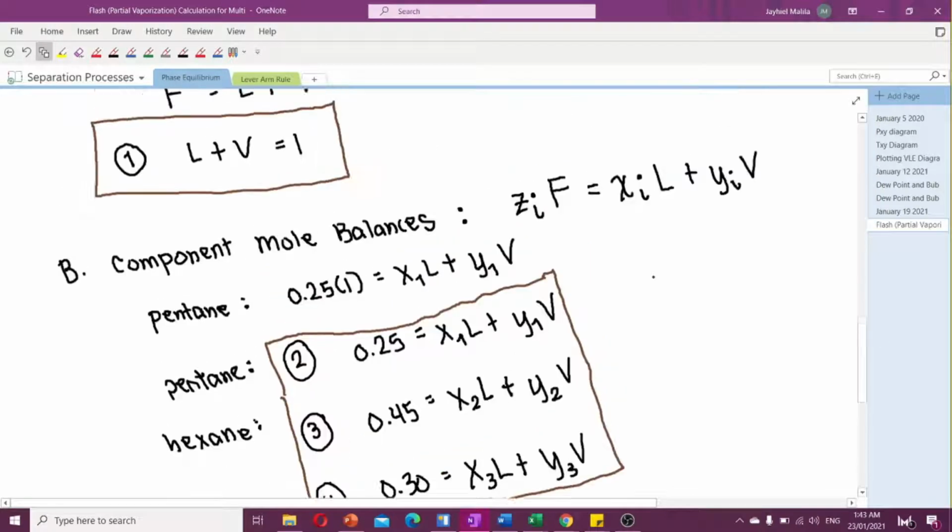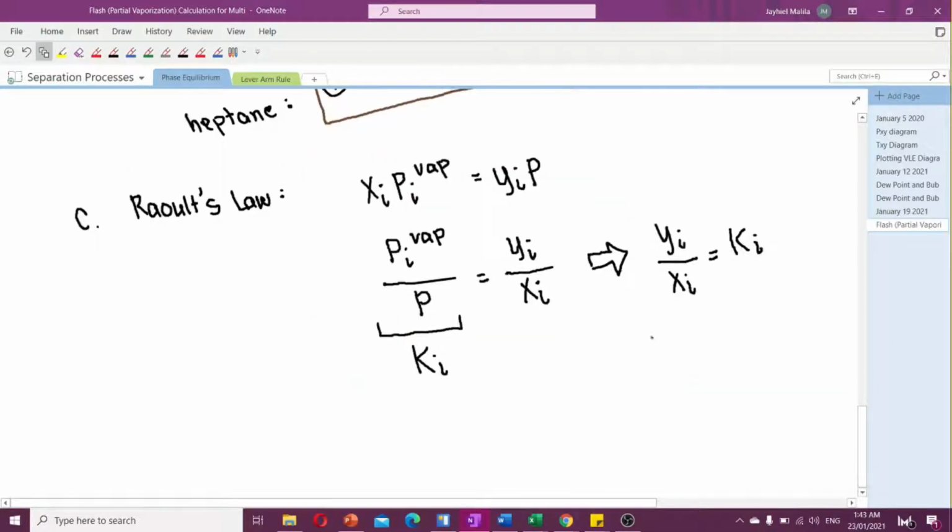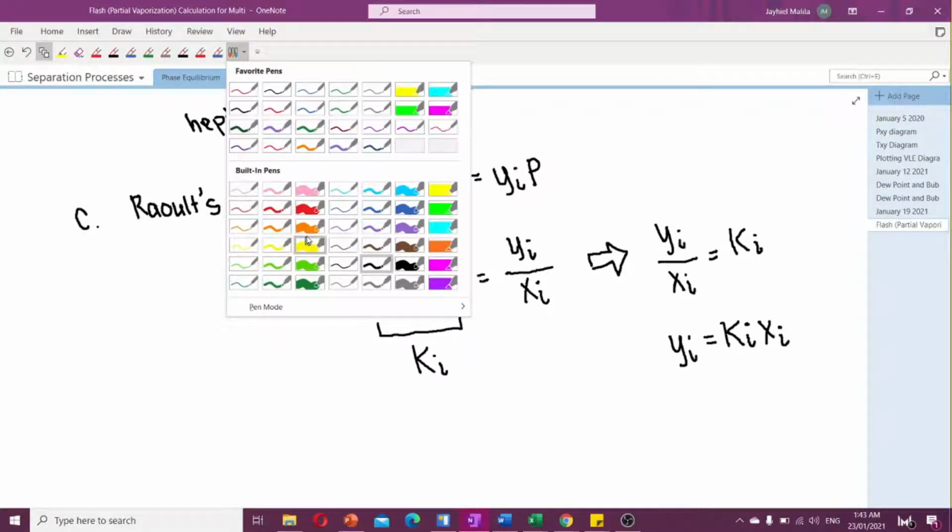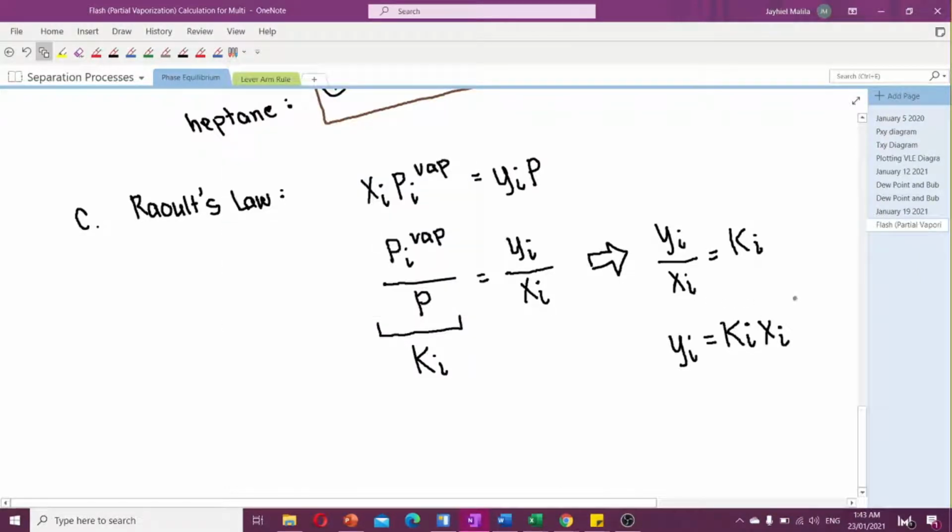So are we done with the x's and y's? Not yet. So these will be technically equilibrium relationships. I hope you were able to get this part, as to why we're going to use this. So instead of using the typical Raoult's law, we're going to modify it in terms of the K factors.